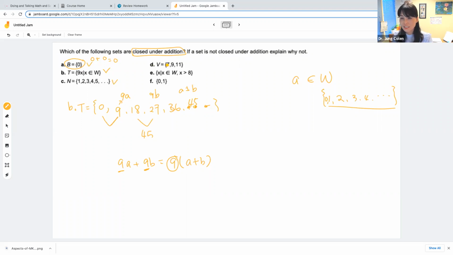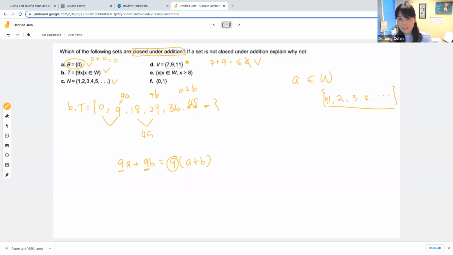Let's move on to B. Set B has 7, 9, and 11. You have only 3 numbers there. So let's pick any two numbers. 7 plus 9. What is it? 16. Is 16 an element of set B? No, it's not.